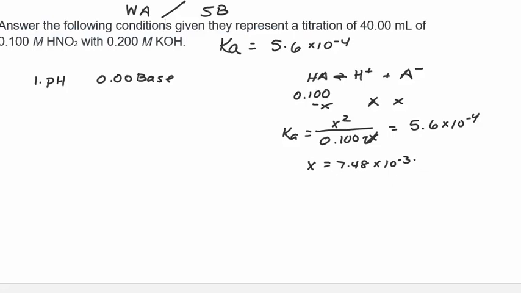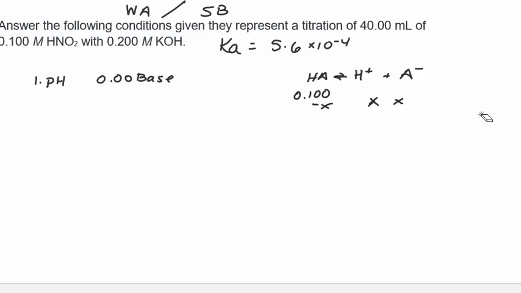I put that into my calculator because that is the molarity, take the negative log to be precise, and the pH is then 2.13. Now when I work this out and solve it with the quadratic formula, so no simplification, I end up with a pH of 2.14, and that's within our margin of error, and the system will take both of those answers. So 2.13 is the pH of this solution before we add any base at all.